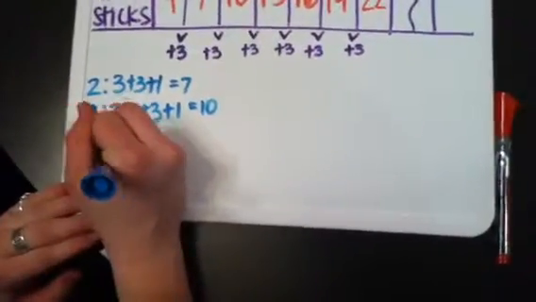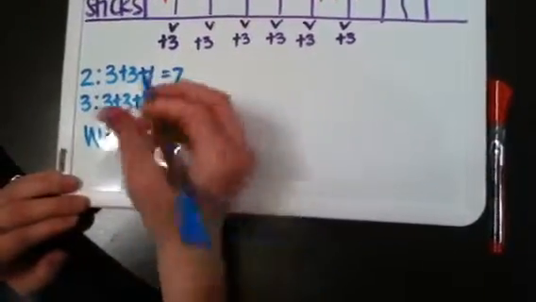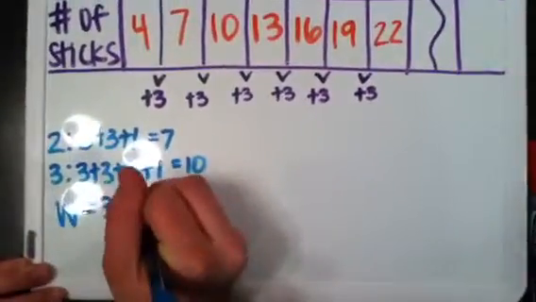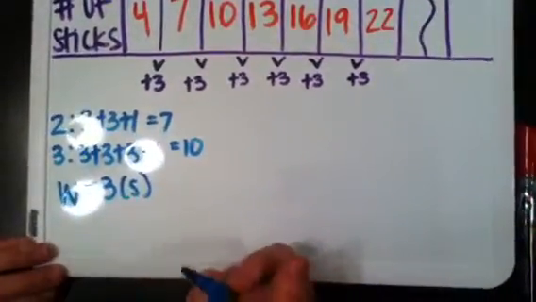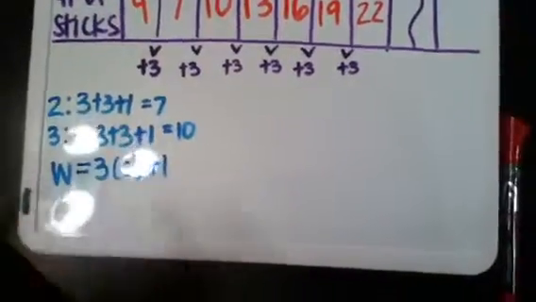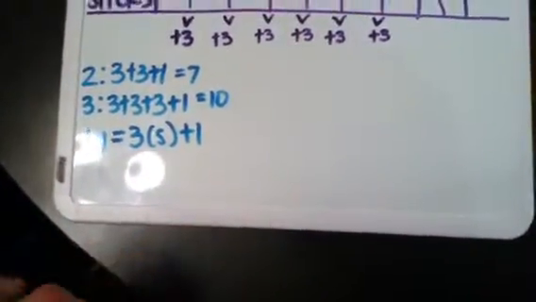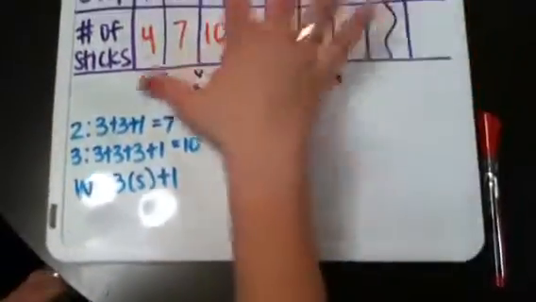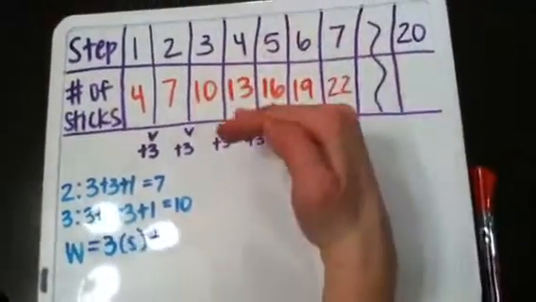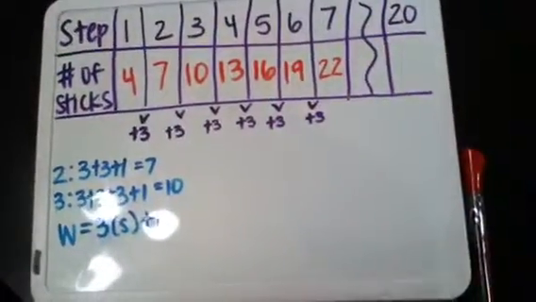So to make our equation, or our rule, we're going to do W equals 3 times S, for steps, because 3 is the number that's repeated, plus 1. And we get the 1 from there. We see that we're adding 3s and 1s together. So that's going to be the general rule that we use to check our answers and also to be able to find terms without having to count all the popsicle sticks.